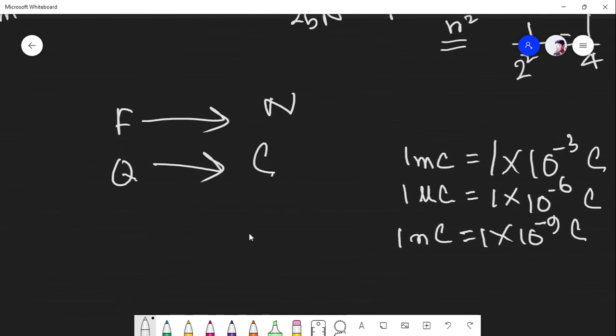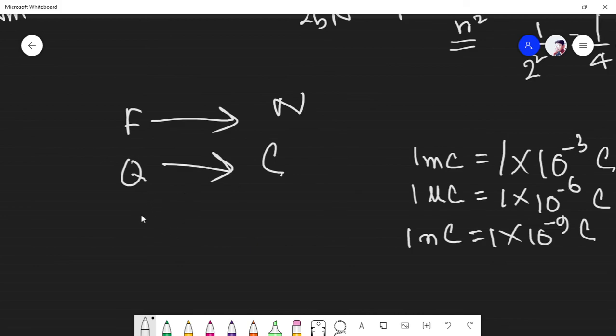And the distance will be in meters. So if you're given centimeters or millimeters, make sure to convert them into meters.